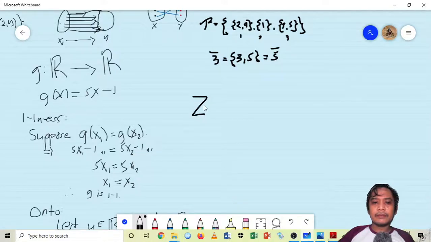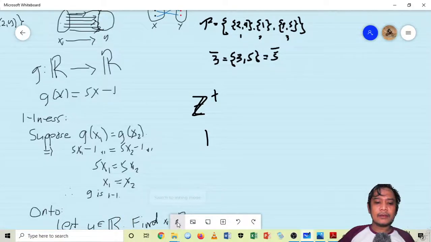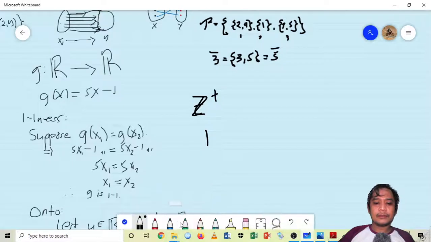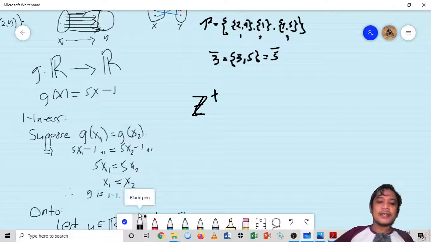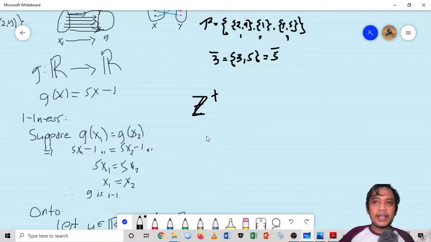So we have positive integers. We can partition this set by considering what would be its remainder when divided by 3.